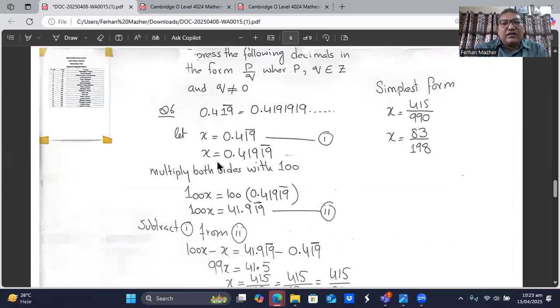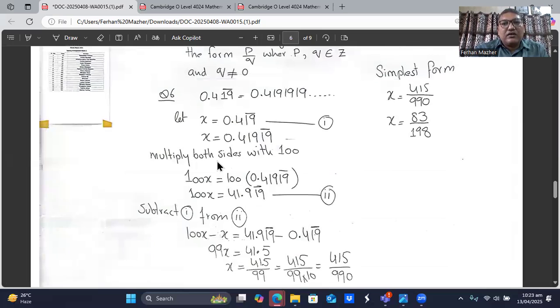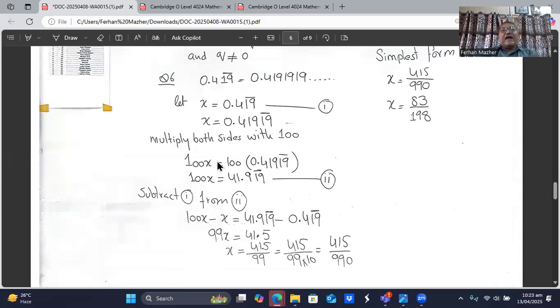Okay, so here we go. Here we have 0.419, and on that 19 we have the bar sign. That means this 19 will be reoccurring. It will come again and again. So it is like 0.419191919191919.